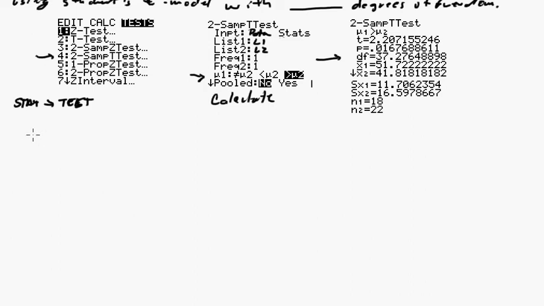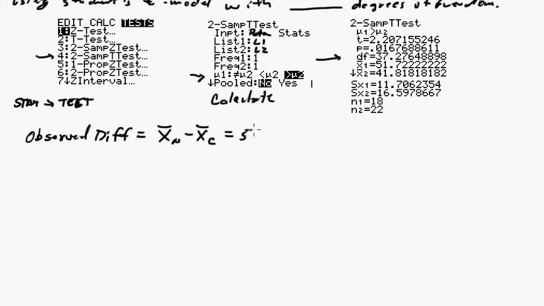So what we're going to do is say we want the observed value or difference. It's going to be x bar of the new method minus x bar of the control, and we can just pull that data off here.